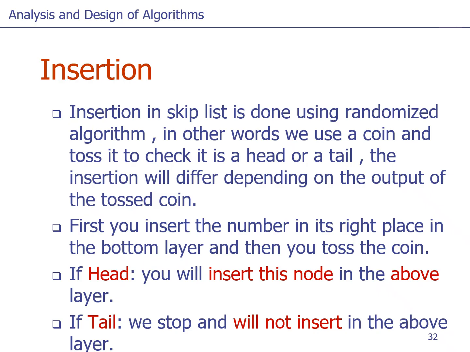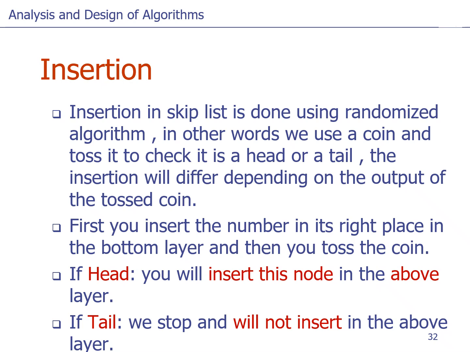So again, I will always insert the entry using the typical insertion mechanism that you've learned in the data structure course in the bottom layer, in layer 0. And the question becomes, am I going to propagate this value upward to the above layer or not? I will toss a coin.